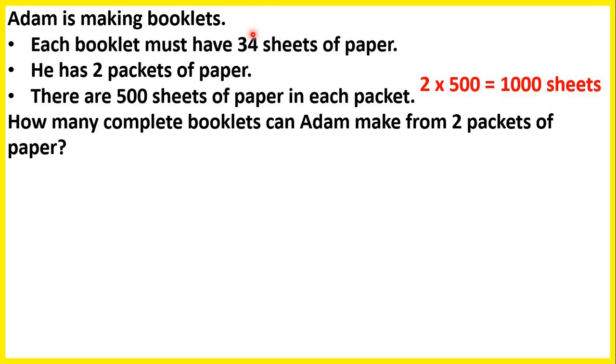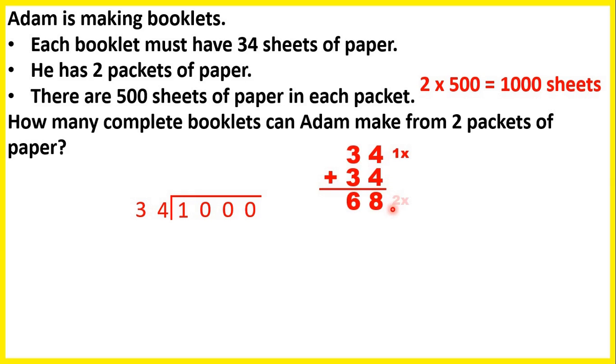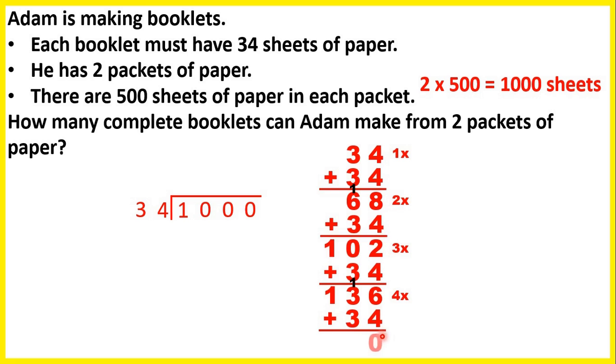And we know that each booklet contains 34 sheets. So because we have 1,000 sheets altogether and 34 in each booklet, we can divide 1,000 by 34. So to do that, we need to work out our 34 times table. And I usually like to stop at 5 times and then look back at the question.